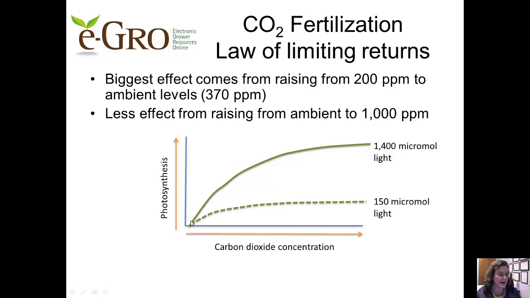You can see that the increasing rate of carbon dioxide results in an increased rate of photosynthesis because the extra light is there that's necessary to support that photosynthetic process.